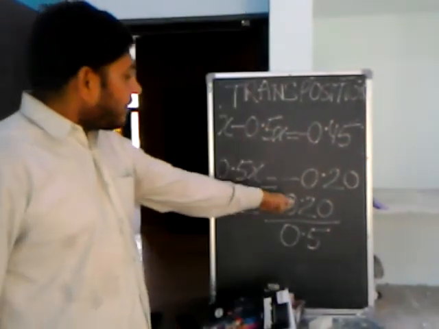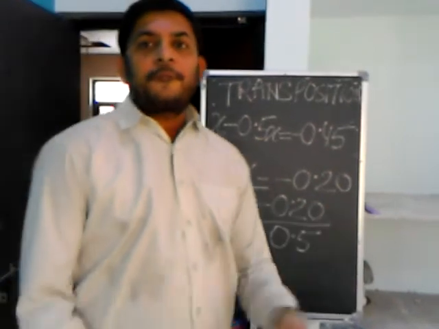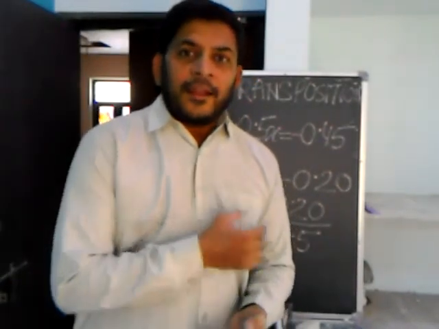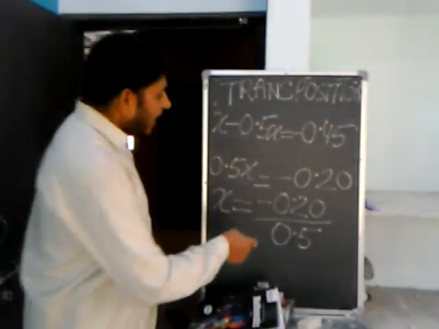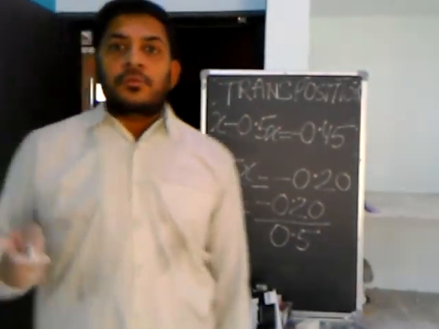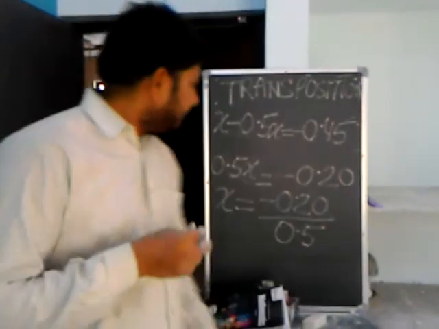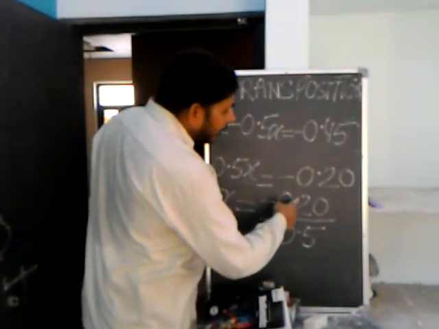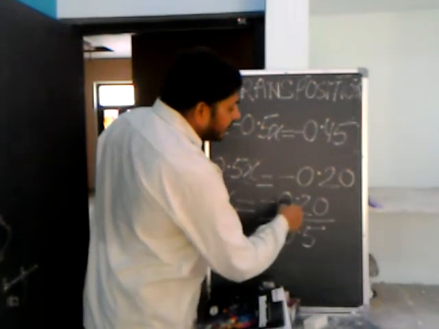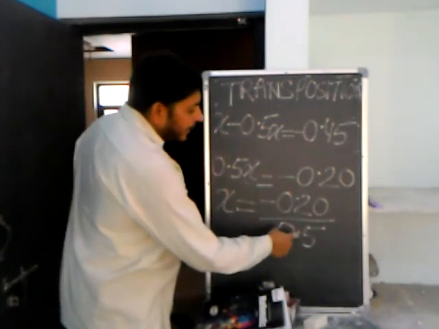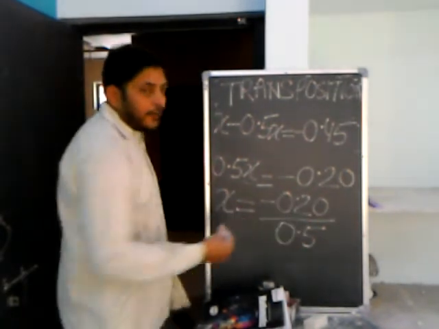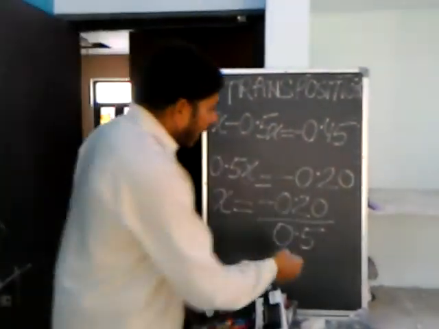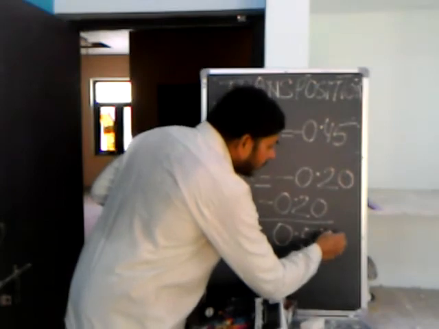If I start dividing, I will need to convert it into a rational number first, then divide. Here what I can do, which I have taught you in class 7, is this: after the point there are two digits, 2 and 0, but in the denominator after the point there is one digit only, 5, but I can put down a 0 here.